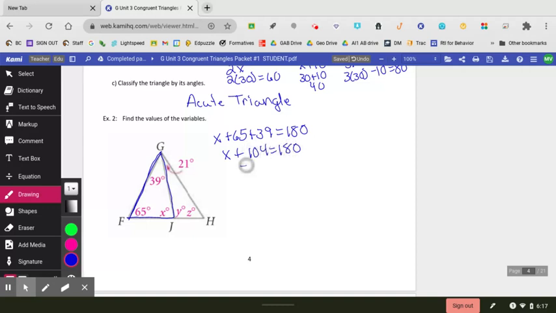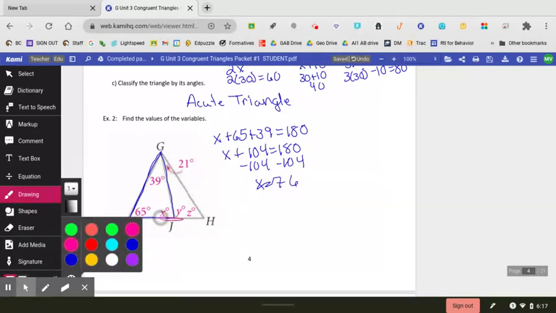I subtract 104, and I get x equals 76. To find y, I know that x and y down here are adjacent and they make a linear pair. Therefore, x plus y equals 180. So that's 76 plus y equals 180, which means y equals 104.